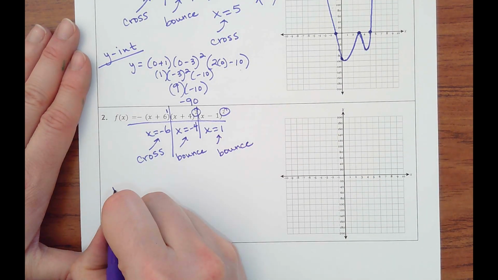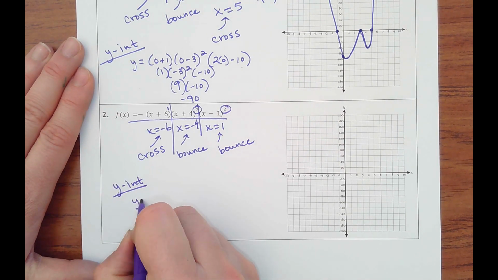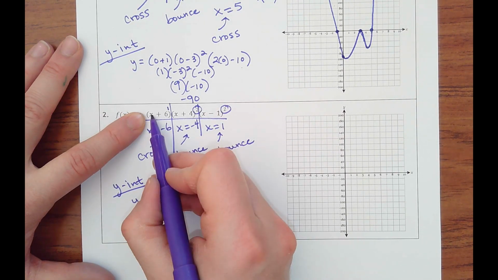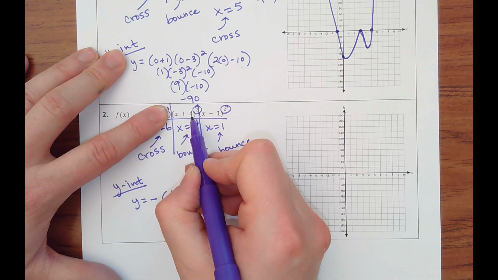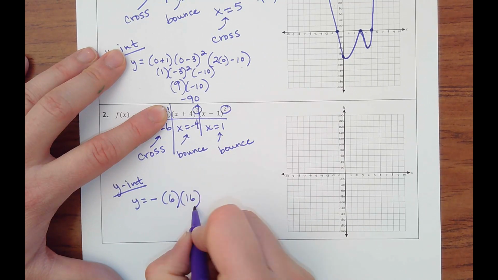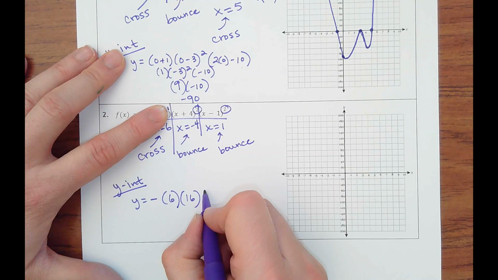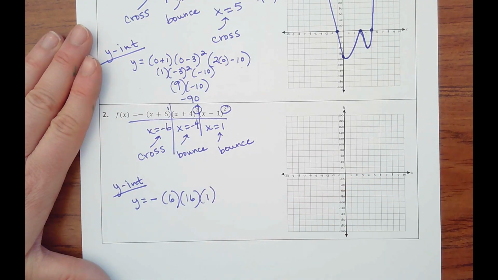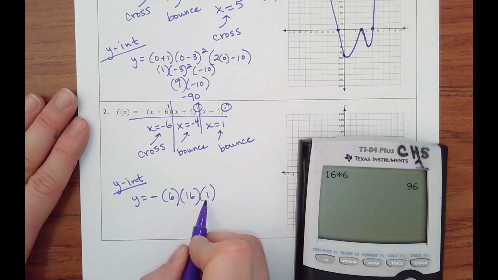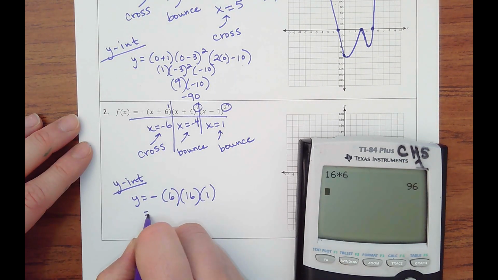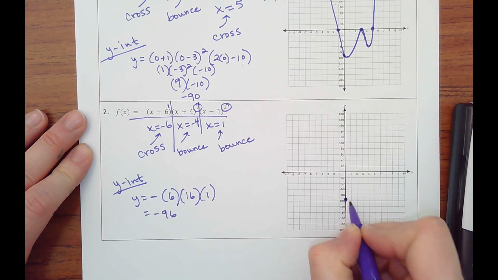Okay, find the y-intercept. That means plug in x is 0. Don't forget about your negative in front. So it's going to be 0 plus 6, which is 6. 0 plus 4, which is 4, squared. 0 minus 1, which is -1, squared. It's actually 1. 16 times 6 is 96, times 1 is 96, times a negative. So we get -96. So that would be somewhere down in here.